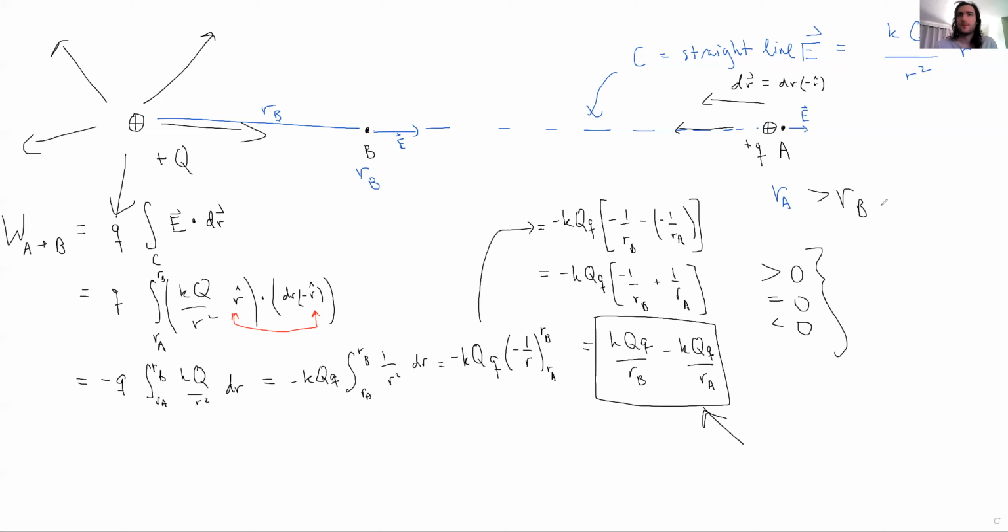That means this thing that we're subtracting here, KQq over RA, is smaller than KQq over RB. And so this particular answer is going to be greater than 0. Okay? It's going to be greater than 0.